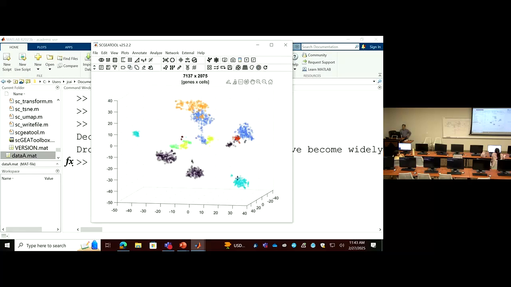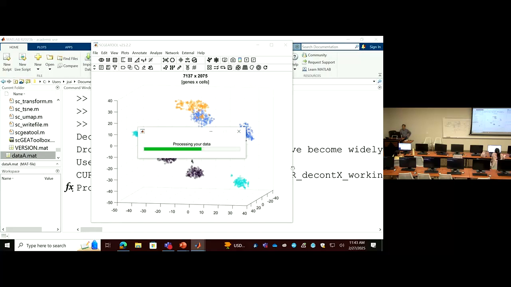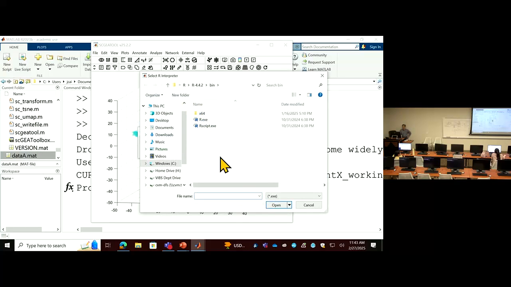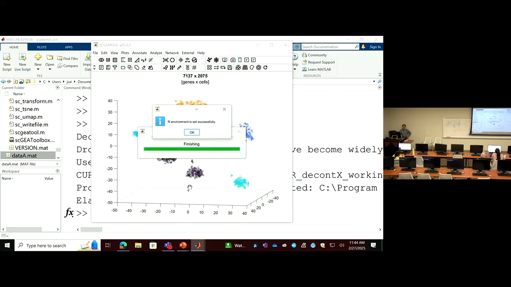So we need to know how to install an R package. If you click, no R package has been installed, so we need to find a way to set up. In my case, I already found the R interpreter here, so I can select.